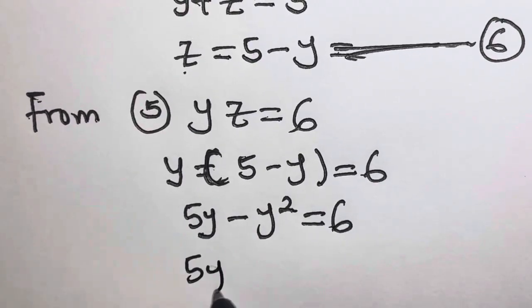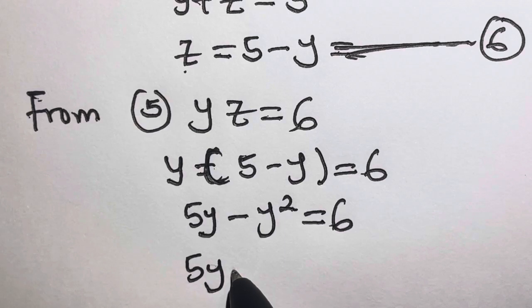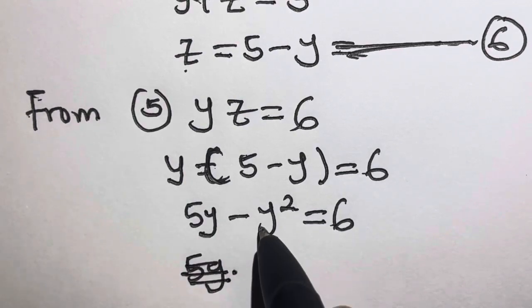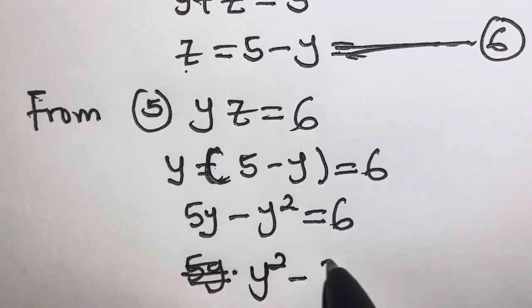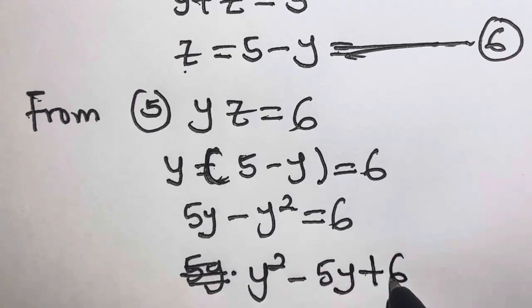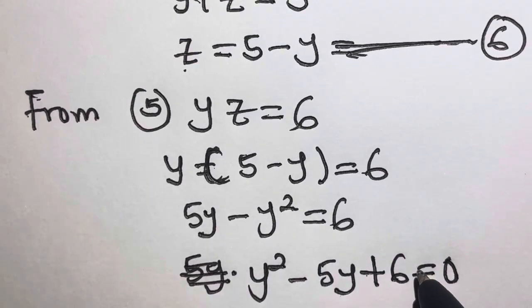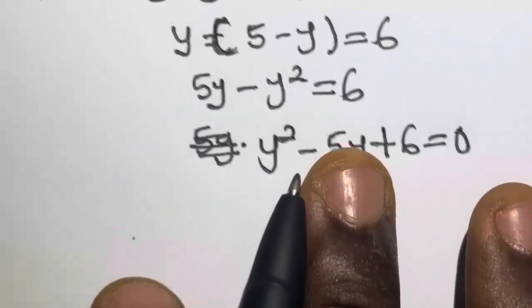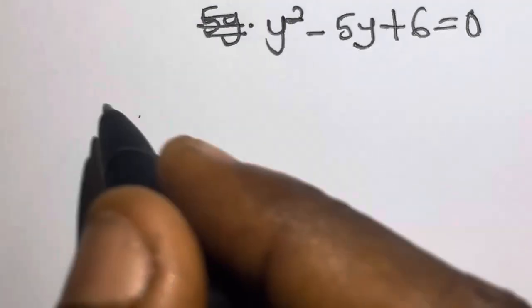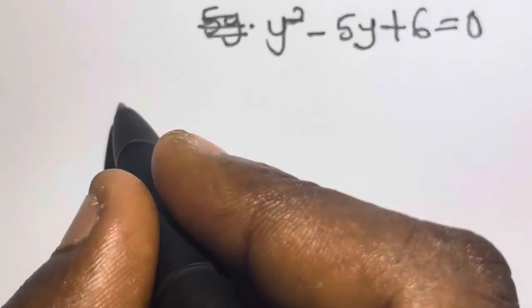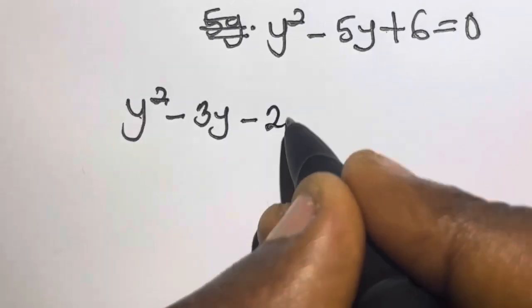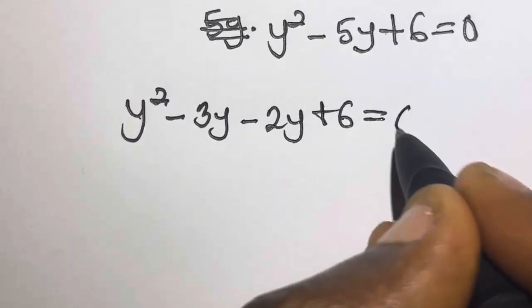Let's just make it in the form of a quadratic equation. So we have y square minus 5y plus 6 equals 0, if we multiply both sides by minus 1. You get it? Let's just use the factorization method directly to solve this. So we have y square minus 3y minus 2y plus 6 equals 0.